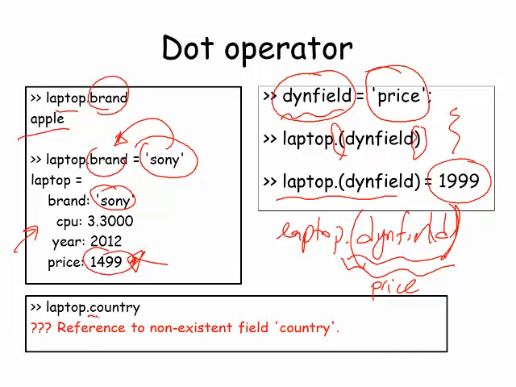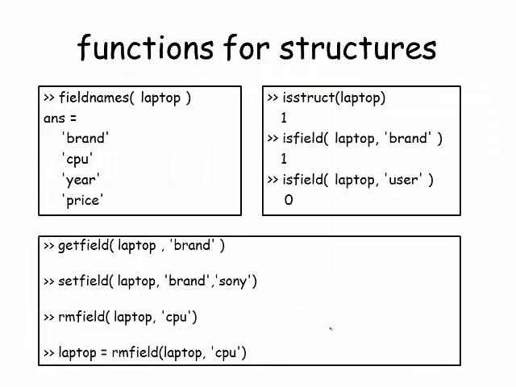If you try to refer to a field that does not exist in the structure, you would get an error saying that field does not exist. All right? So structures are data types, and there are some useful functions that will tell you whether something is a structure or whether a field is present in a structure.